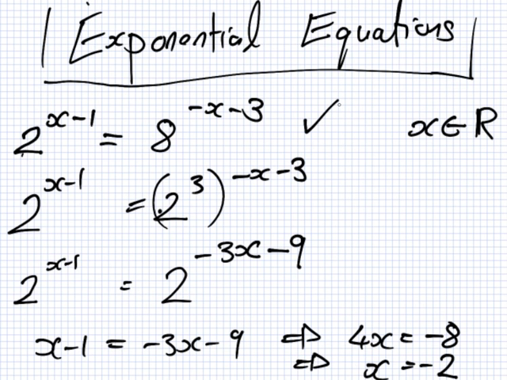So this is one way to do it. Now this only works because you can change the 8 into 2 cubed. If I was to change the 8 to 9, now we can't do it this way, but we can do it another way, which we'll see later. Okay. Alright, so write this one down.